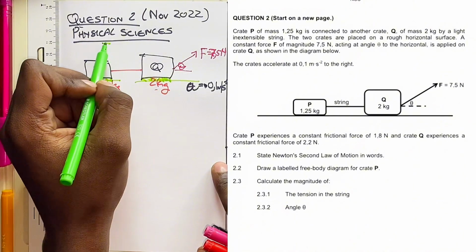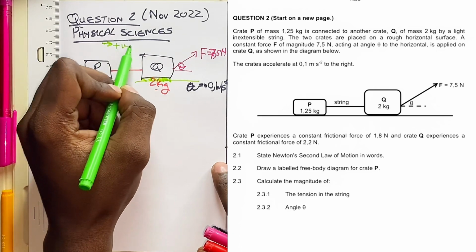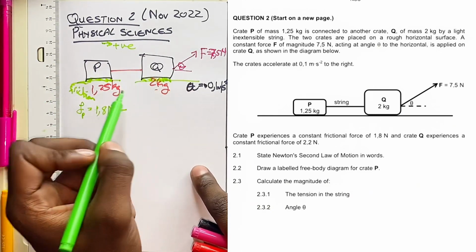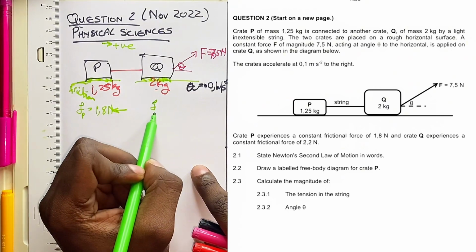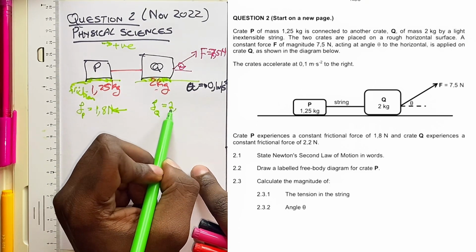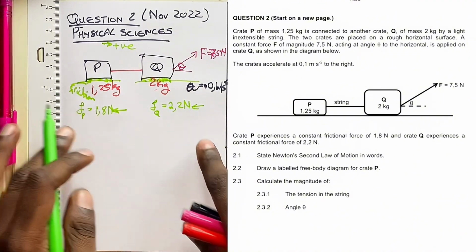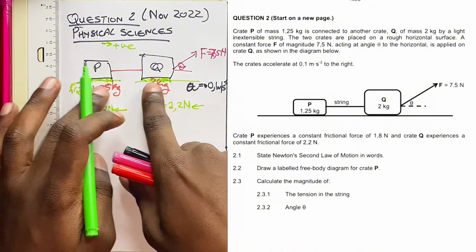Now let's note that the right is our positive. Grade Q experiences a constant frictional force of 2.2 newtons to the left because friction acts in the opposite direction to the motion.